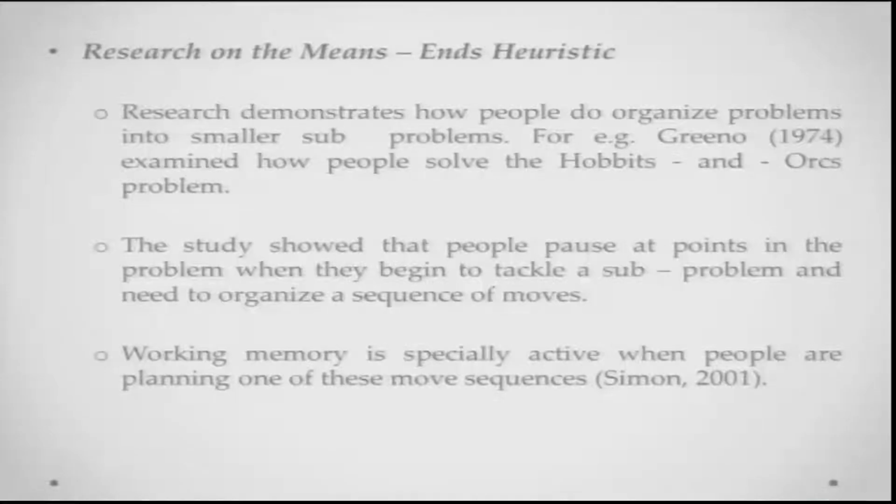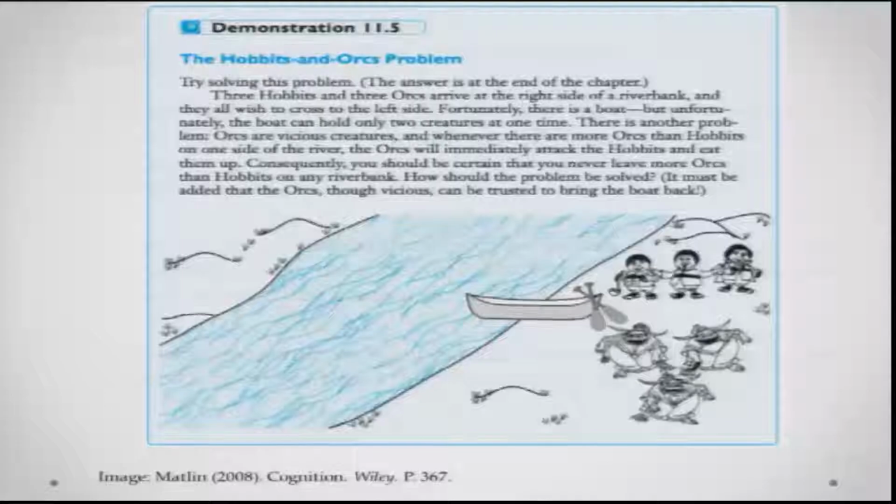Researchers have demonstrated how people organize their problems into sub problems. So, it has been shown that people do organize the information that is given in a problem into smaller problems, and they use that to eventually reach good solutions. A demonstration again from Matlin's book is the hobbits and orcs problem.